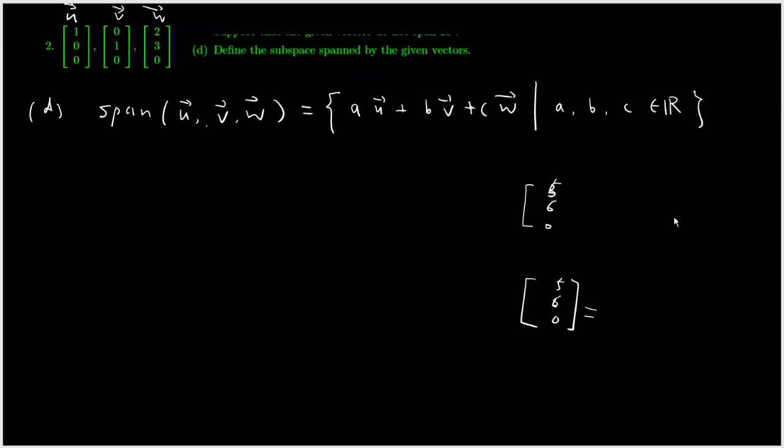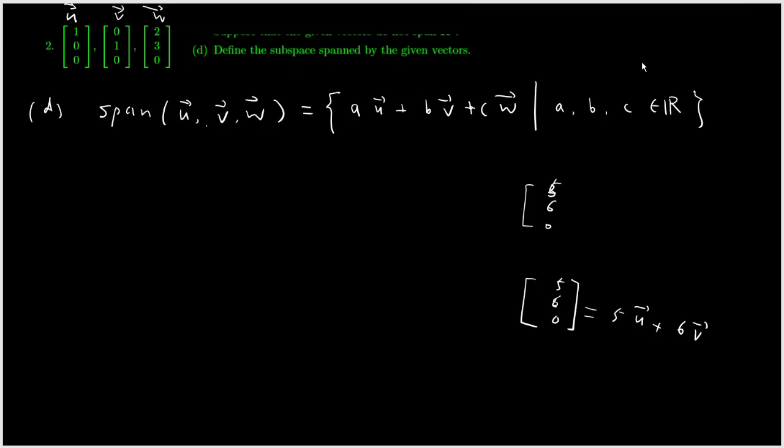This vector is a linear combination of u, v, and w as, okay, I will write u, v, and w. Does anybody want to tell me how to write the vector as a linear combination of u, v, and w? I think it's 5 times u plus 6 times v, right?